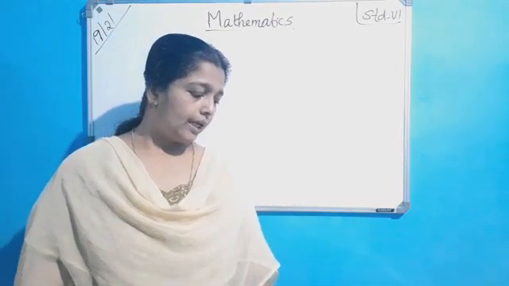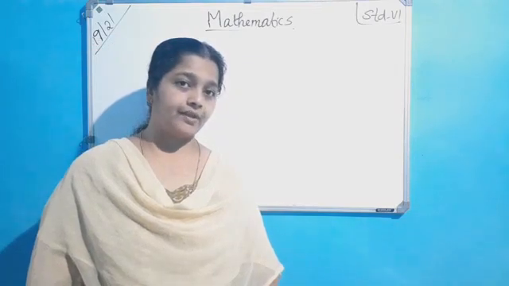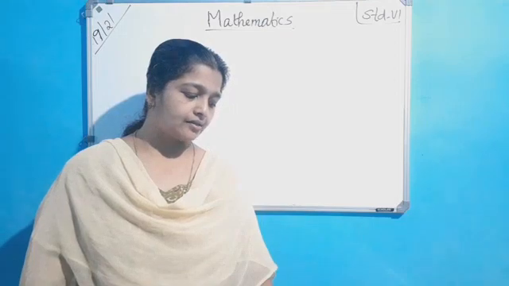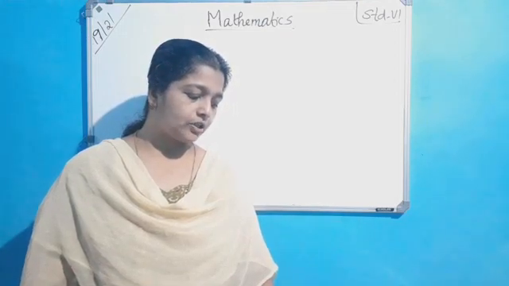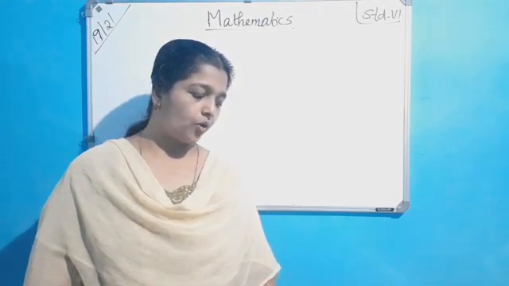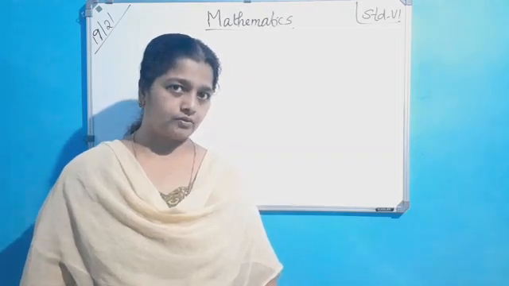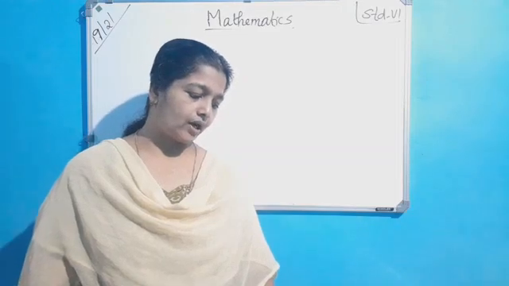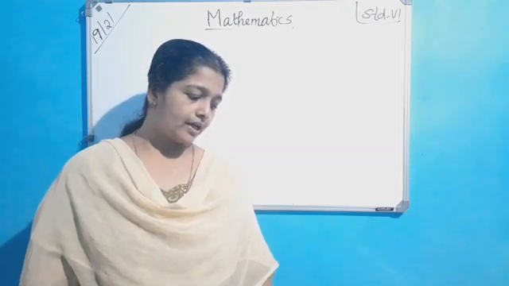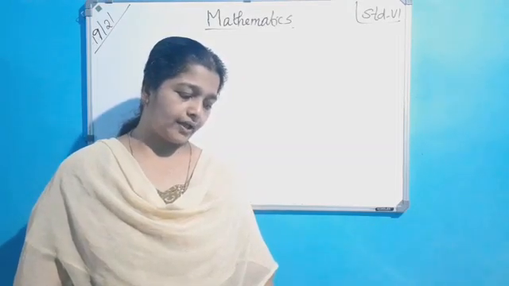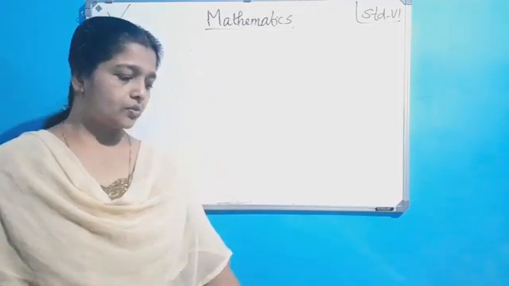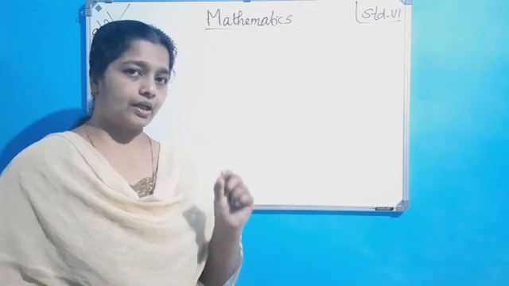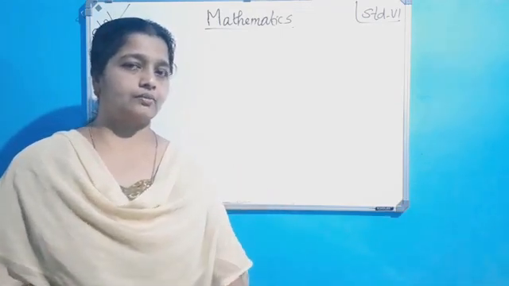So 7.3 minus 3.4 equals 3.9. Then construct XY equal to 3.9 centimeter, using 3.9.